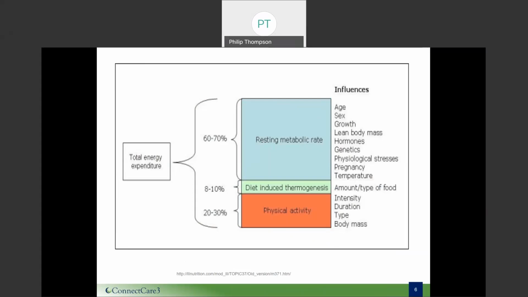Another large part of that will be physical activity, which can make up 20 to 30%. And this is your exercise session, but also what's called NEAT, so non-exercise activity. That's like your base. That would be like parking farther away, taking the stairs, doing extra movements.